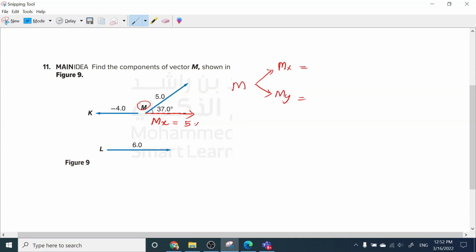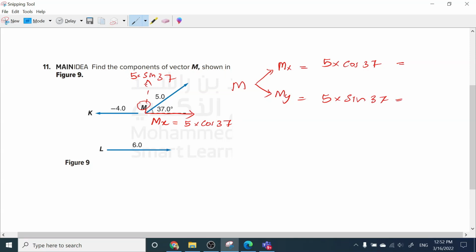So 5 multiplied by cos 37, and My means the y component of this given vector, that is 5 multiplied by sine of the given angle, that is 37. So Mx is equal to 5 multiplied by cos 37, and My is 5 multiplied by sine 37.